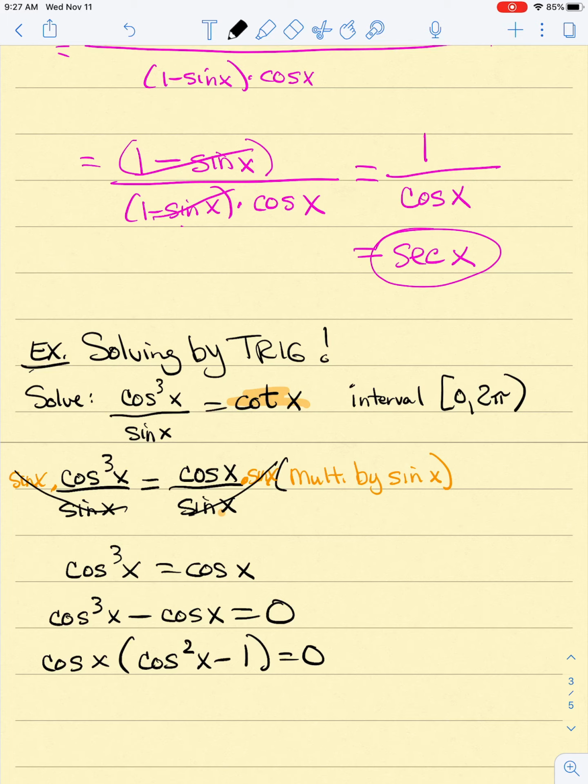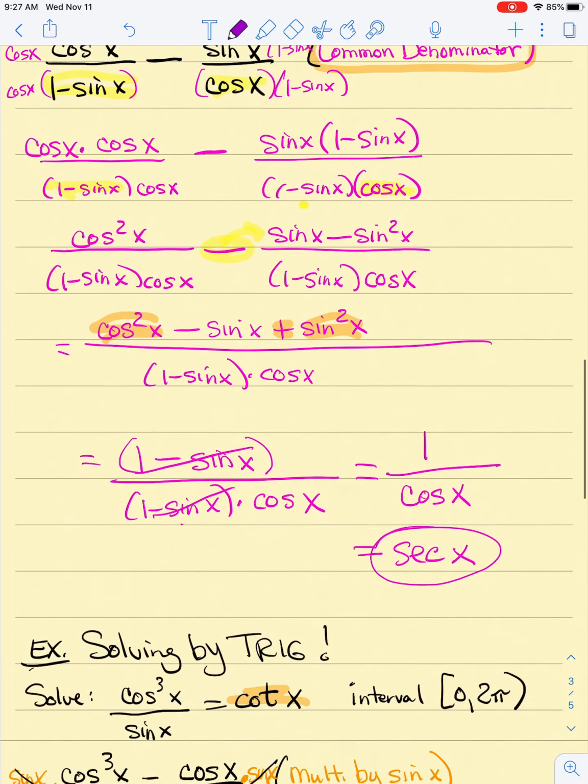Okay, well, that's good. So what does that mean? Well, I'm going to go over here to the side again and have a thinking party. We know cosine squared x plus sine squared x equals 1. So that should mean, if I reorganize my identity, that cosine squared x minus 1 equals negative sine squared x.